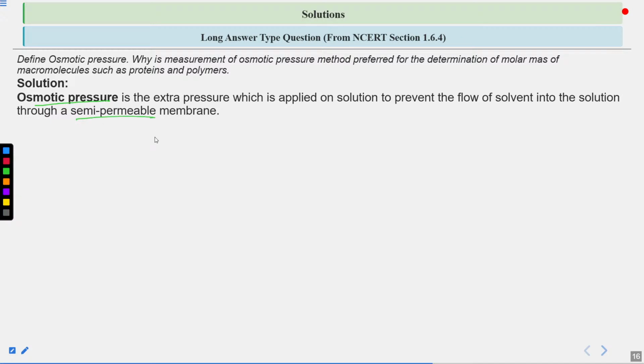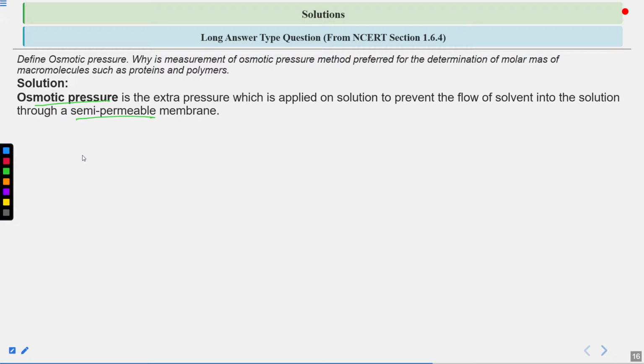The minimum pressure which you have to apply to the solution to prevent the inward flow of the pure solvent into the solution through a semi-permeable membrane, that pressure is osmotic pressure. So this is the definition of osmotic pressure.